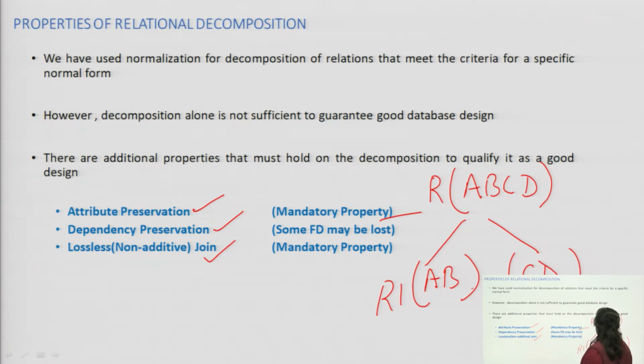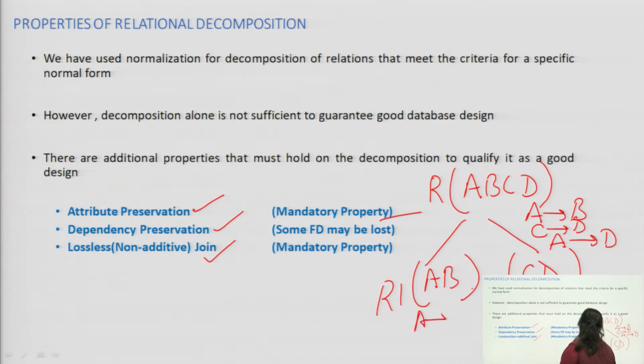For example, let us say in the existing relation we have A to B, C to D and A to D. So, in the decompositions we can clearly see that we have the functional dependency A to B here, C to D here, but the functional dependency A to D is lost in decomposition, which is acceptable.